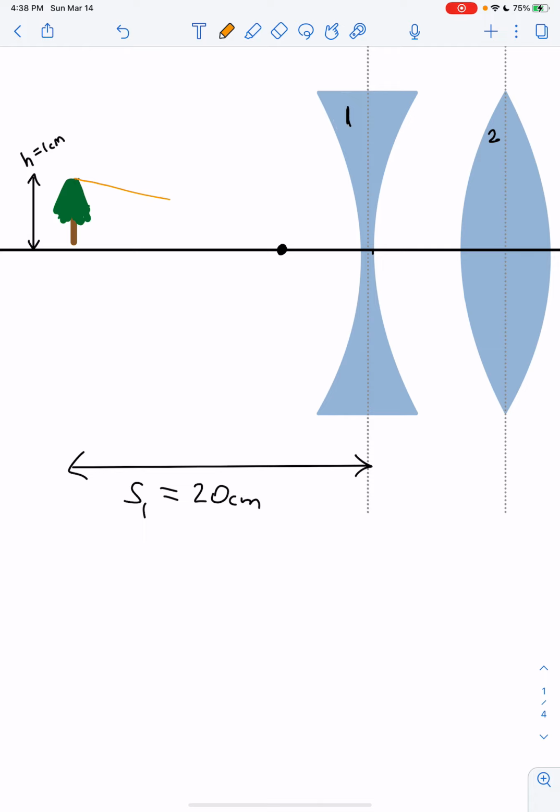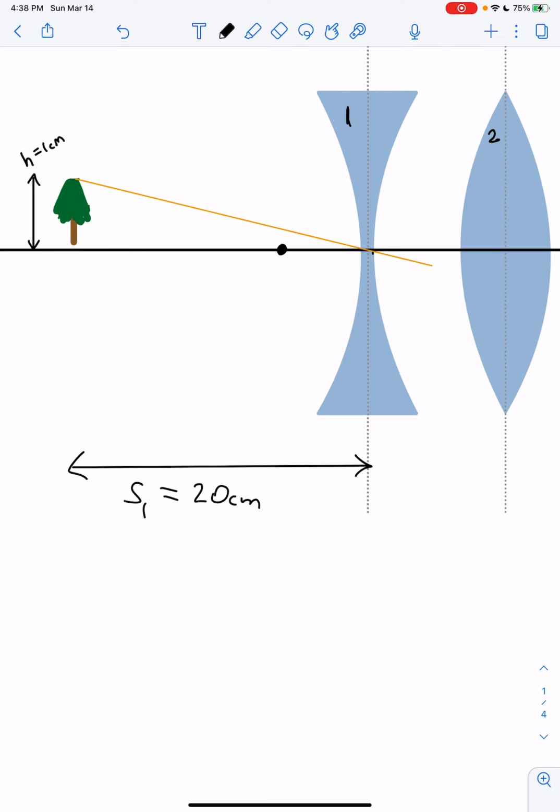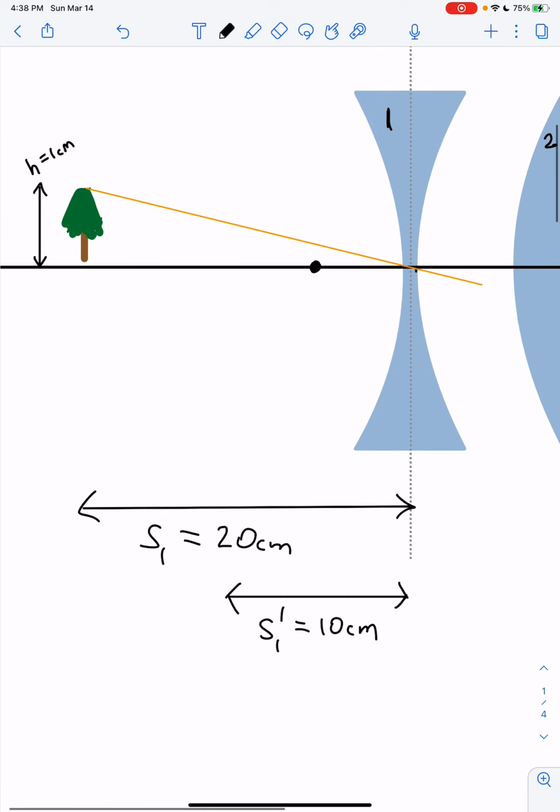I haven't done this really carefully to scale, but if you draw one of these lines that goes straight through the middle of the lens, we can get a pretty good sense, because we've calculated the distance to the image, and that was half this distance. That was 10 centimeters. So S prime one is 10 centimeters.